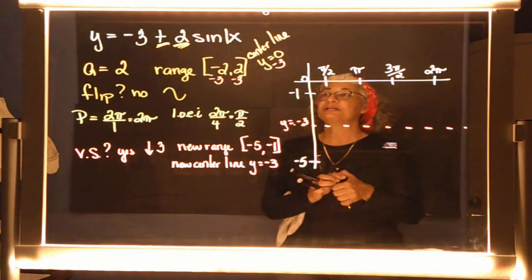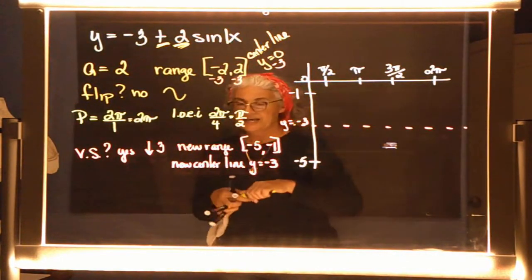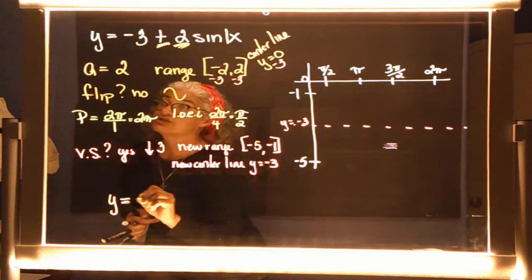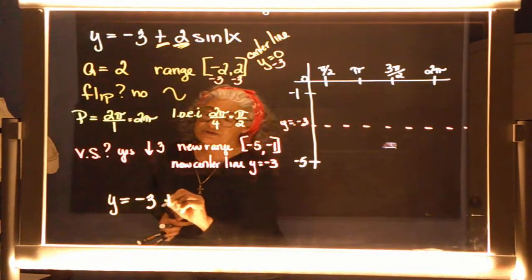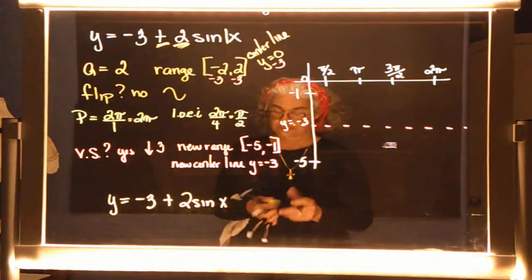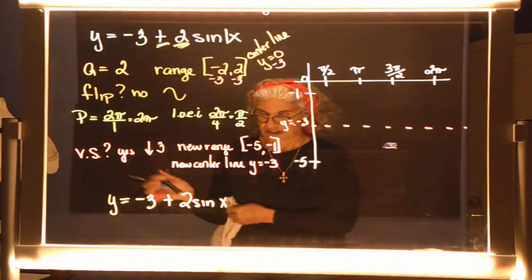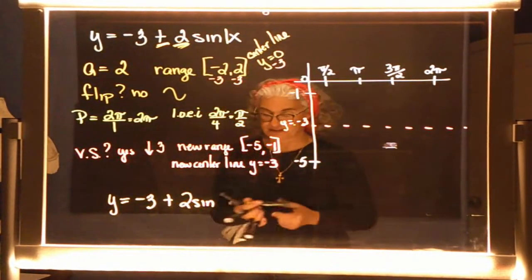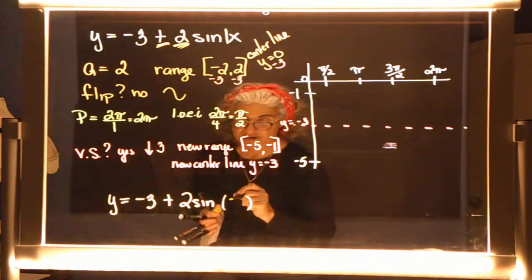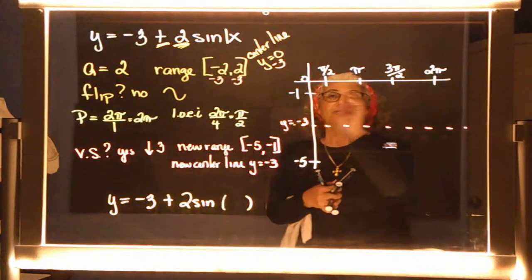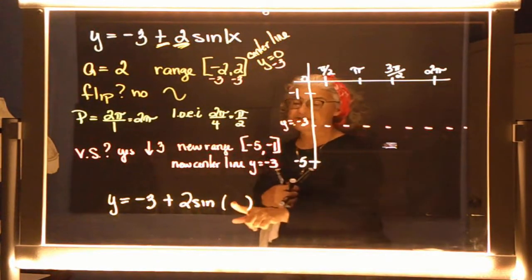We are going to plug in 0. And I'm going to write this down here so you can see the equation just a little bit better because we have a lot of stuff going on up at the top. Instead of writing x, I'm going to do like I've been doing for the last few problems. I'm going to put parentheses there so we know we're plugging in the angle measurements here. So the first angle measurement we're plugging in is 0.